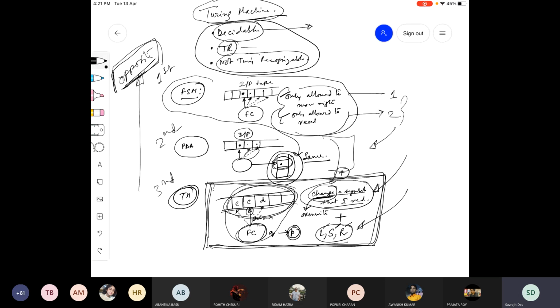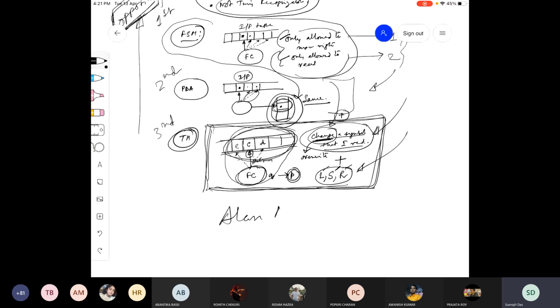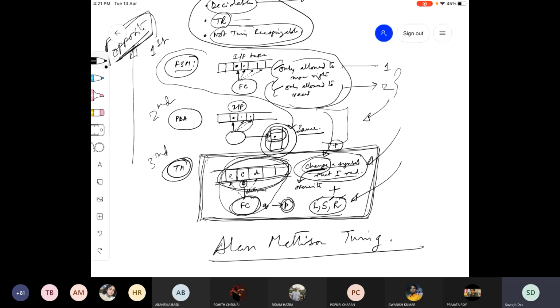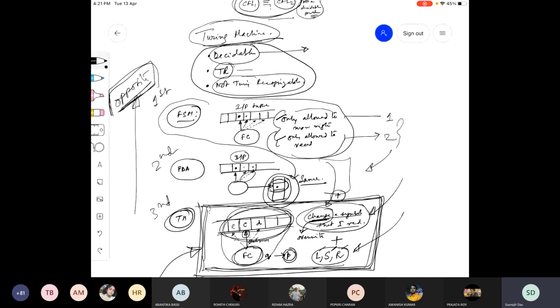You have heard his name, right? Alan Mathison Turing, he is known as the father of computation, because he came up with this generic model of computation and defined that, okay, if we have this model of computation, we can tackle all the language classes possible, especially these language classes, and we can do computation also.